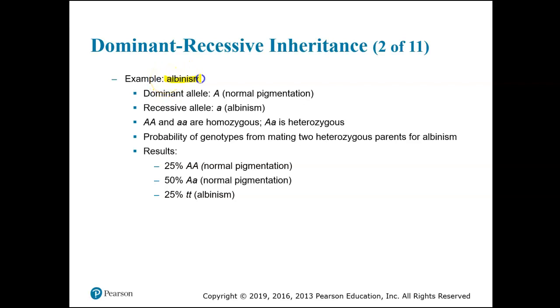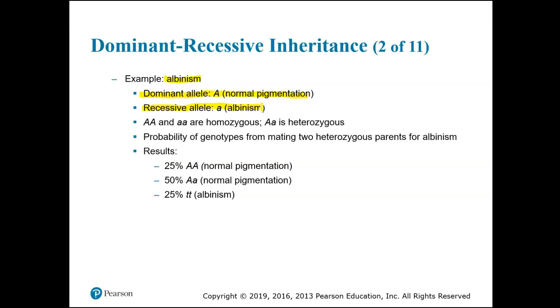All right, so normal skin pigmentation is represented by the dominant allele big A. That's normal pigment. And then albinism, which is the lack of pigmentation, is recessive, and it is represented by the recessive allele little a.